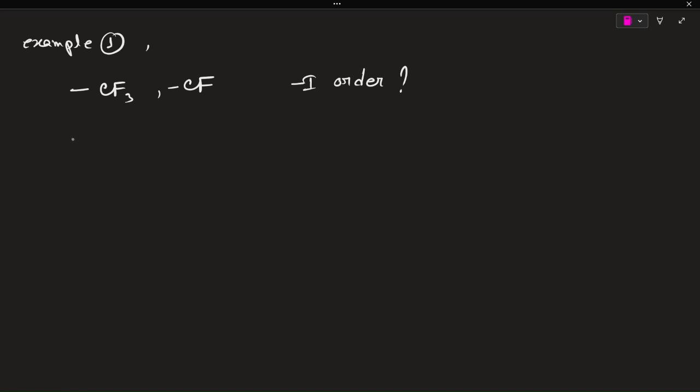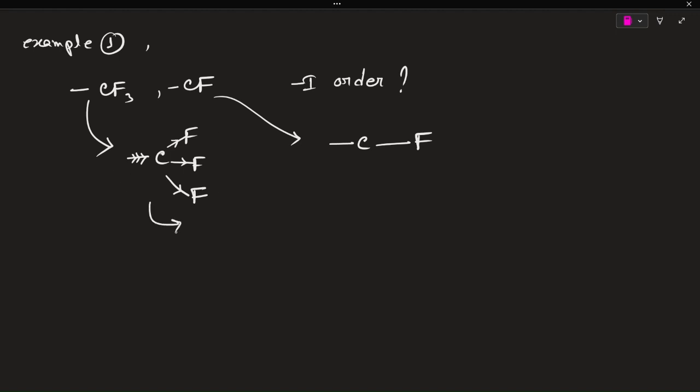In CF3, the carbon atom is attached to 3 fluorine atoms, and in CF, the carbon atom is attached to 1 fluorine atom. The fluorine atom has higher electronegativity. It pulls the bonded electrons from carbon. So here, the total group is more electron withdrawing.